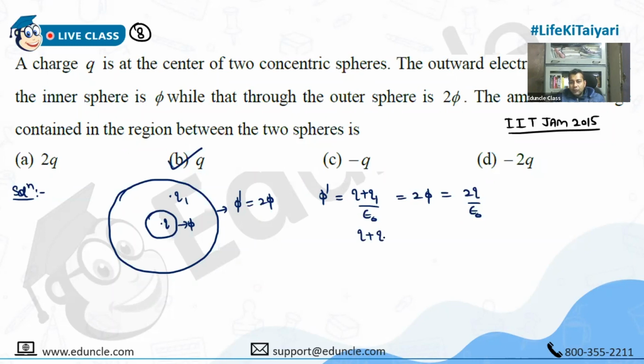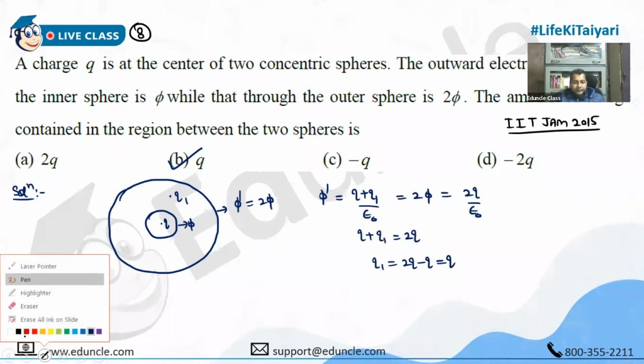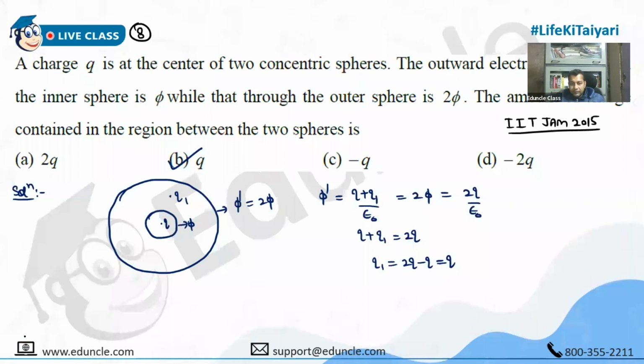So Q plus Q1 is 2Q. So Q1 comes out to be Q only. Clear? So automatically it comes out to be Q.